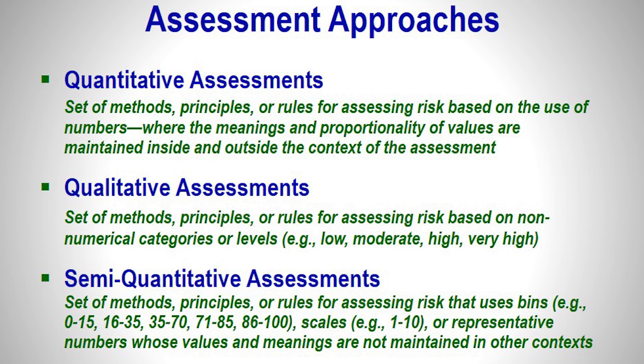And then if you need something more granular, you can do a semi-quantitative, and it's not really quantitative in that these numbers are not meaningful. 17 plus 70 does not equal 87 when we do semi-quantitative. So it's just a way to make your scale more granular if you need that to help you prioritize or understand what your risk levels are.